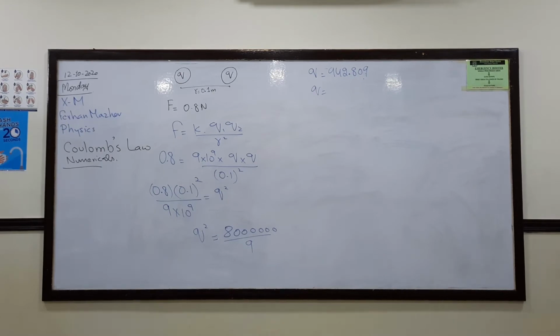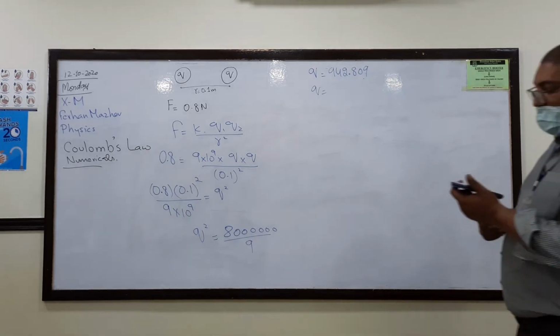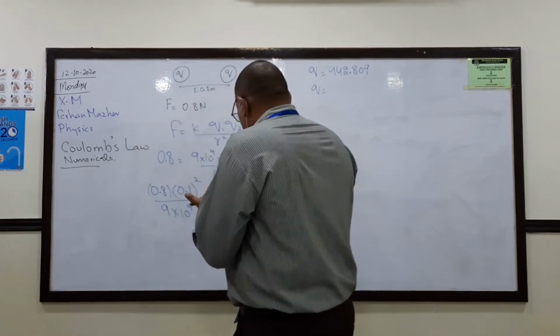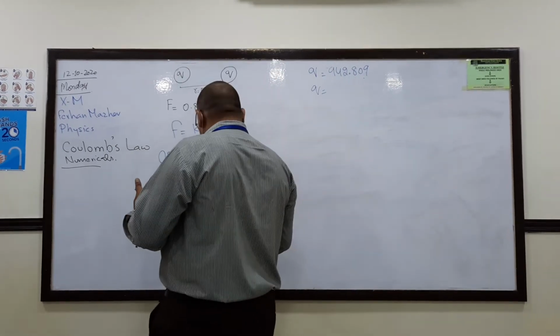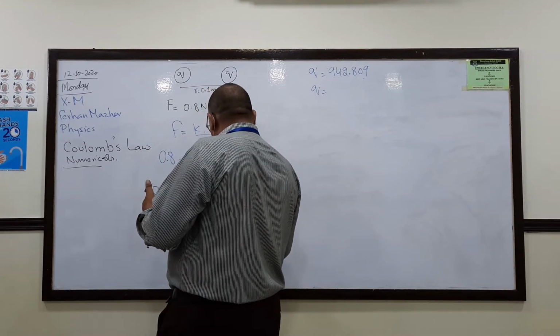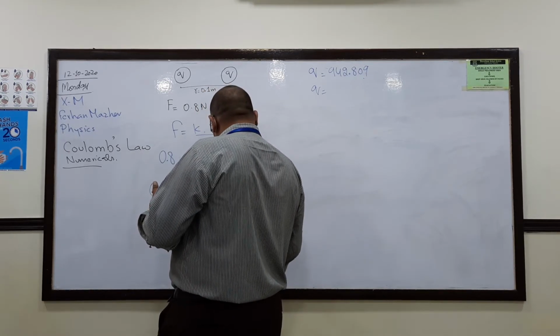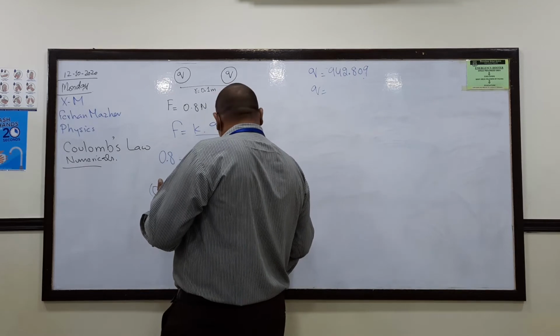So on the calculator I will write 0.8 multiply 0.1 square divide 9 expo 9 equals to. The answer which came is 8.89 expo minus 13.